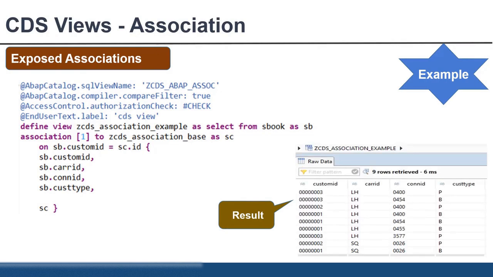And the output does not really show any of the columns from the associated view. That doesn't mean the fields are not associated. This join will be delayed, or will be triggered when it's triggered from an application or from the data preview. If you do a right click and then navigate to the association, we'll see the associated columns.